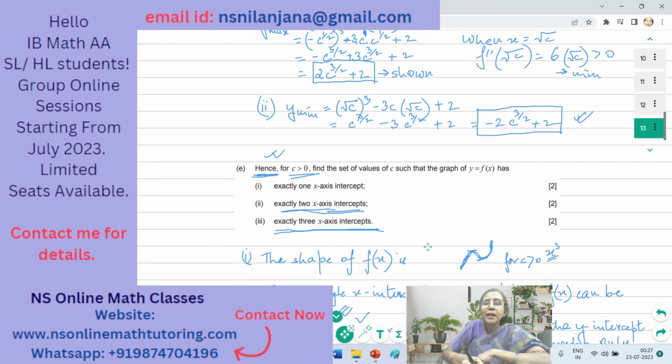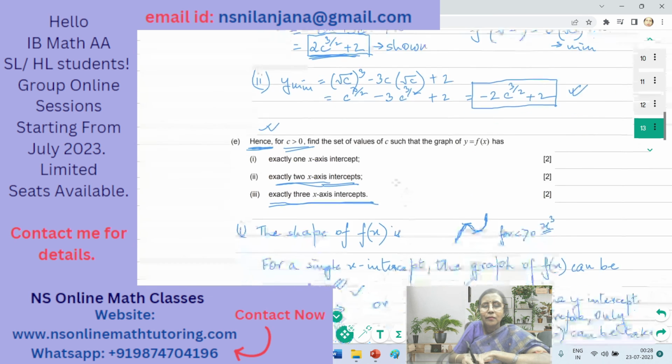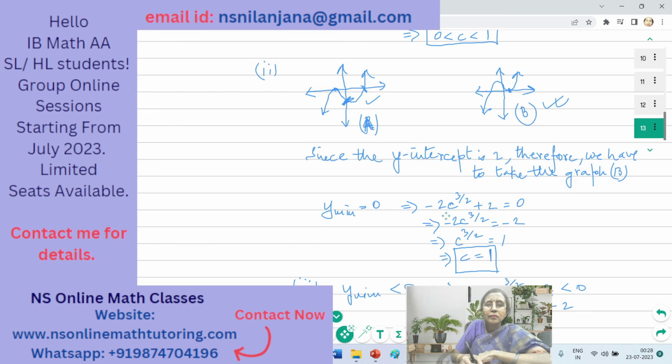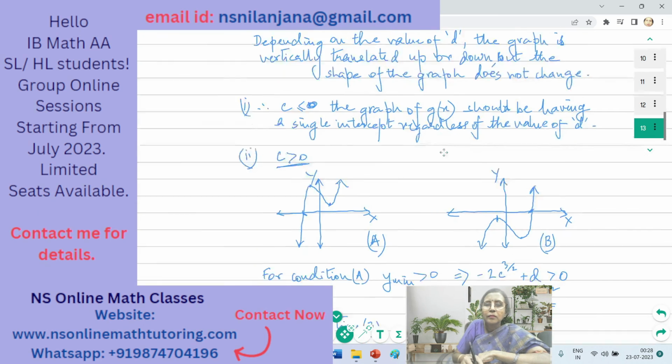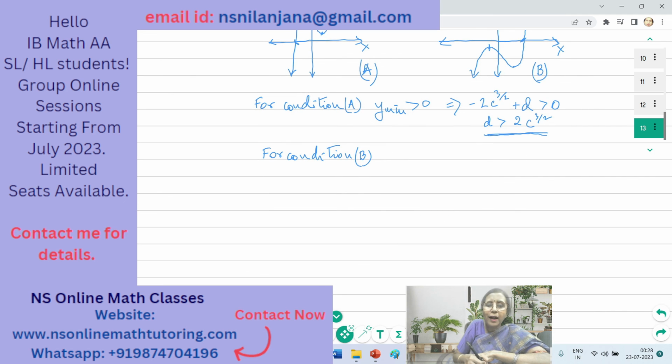The y max expression was 2 times c to the power of 3 over 2 plus 2. In place of plus 2, we will be taking plus d. 2 times c to the power of 3 over 2 plus d.